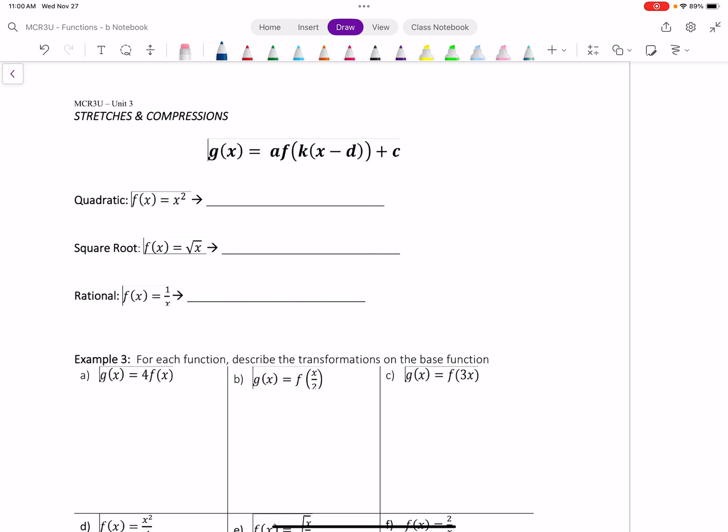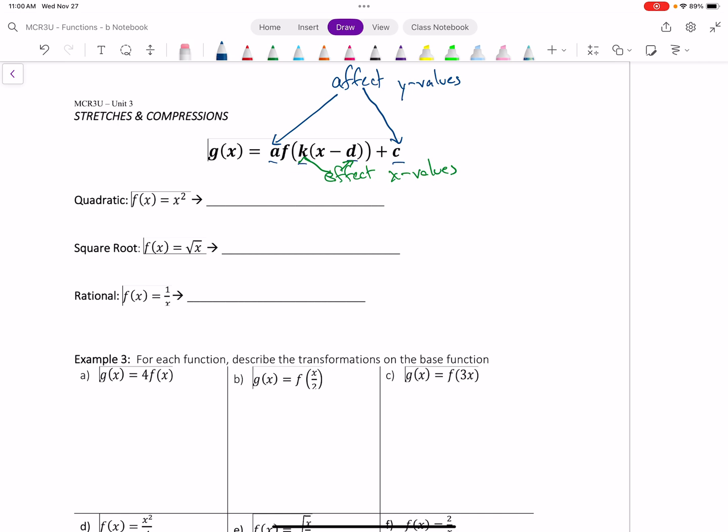So we generally say this, and you now have all of the components a, k, d, and c. And just remember, a and c affect the y values, and k and d affect the x values. If we go back to the a and c, a multiplies the y values and c adds or subtracts to the y values.